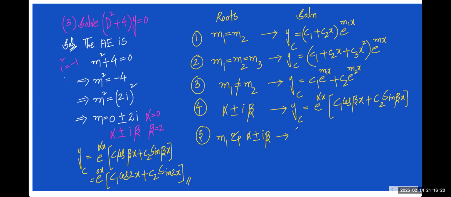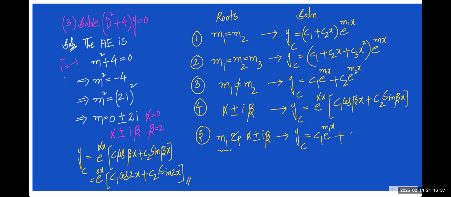Then the way of writing the complementary function is, the root which you get simply, you have to write down first of all. C1 e power m1x.